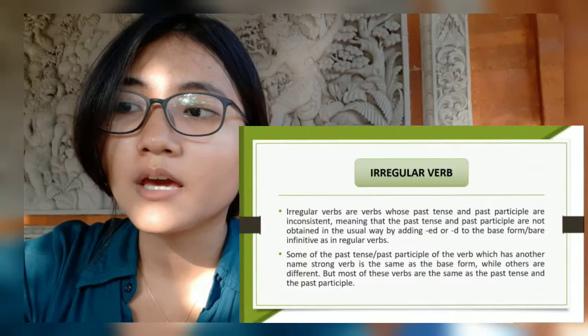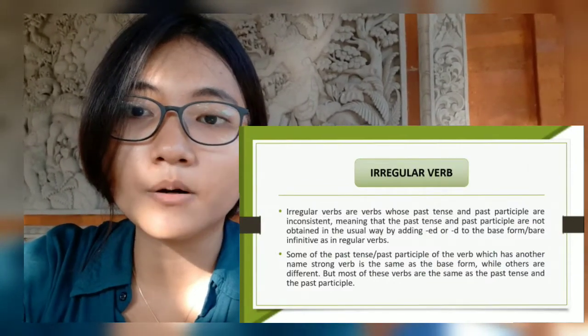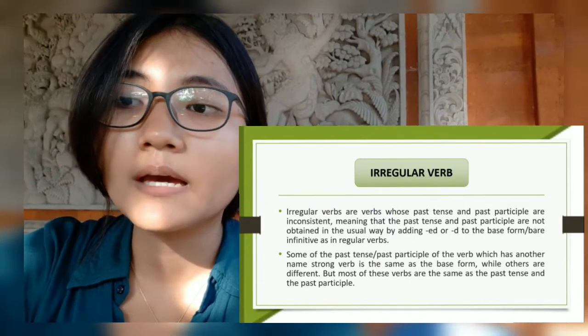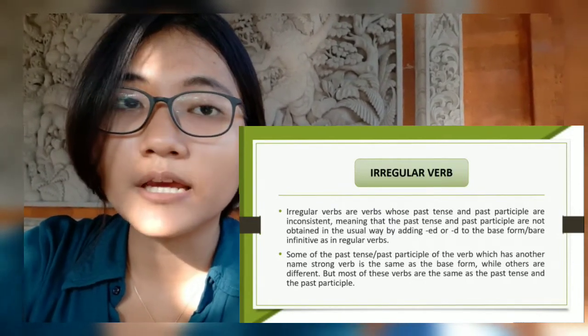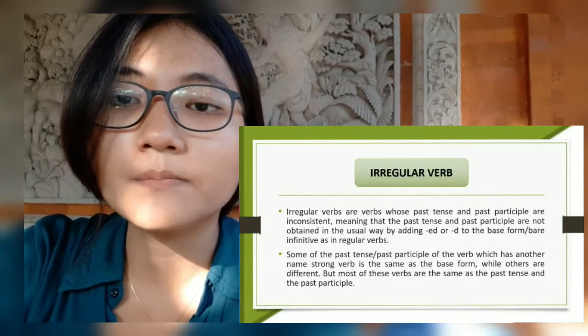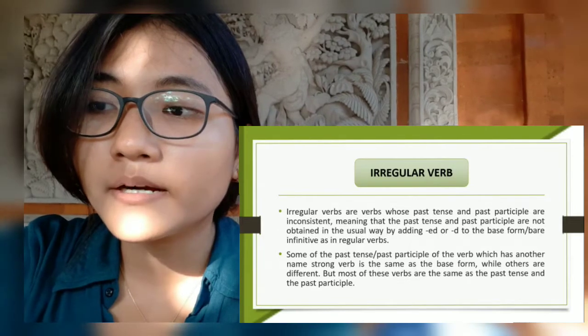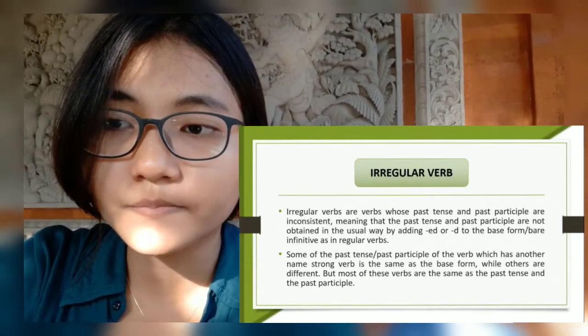Now, I want to explain about irregular verbs. Irregular verbs are verbs whose past tense and past participle are inconsistent, meaning that the past tense and past participle are not obtained in the usual way by adding -ed or -d to the infinitive form, as in regular verbs.